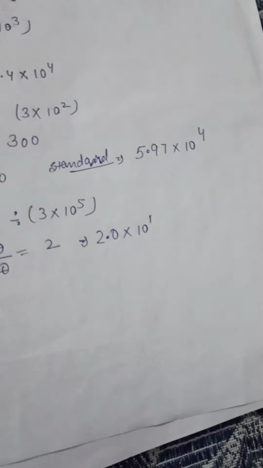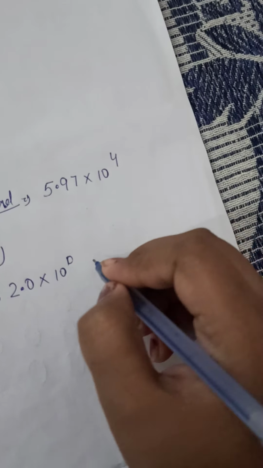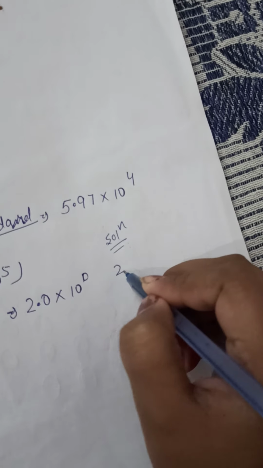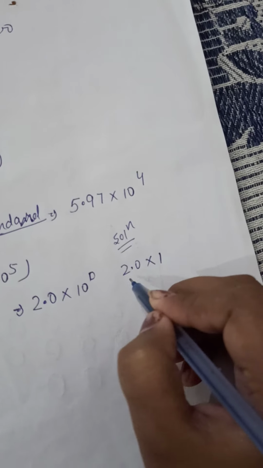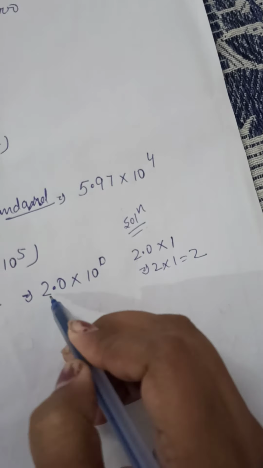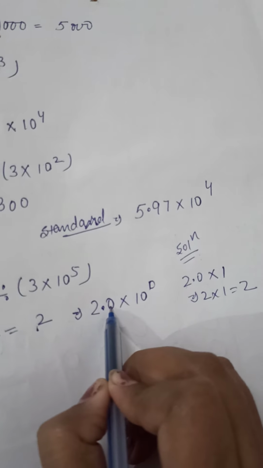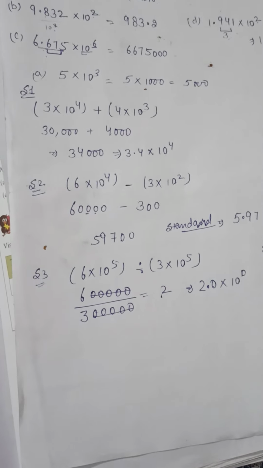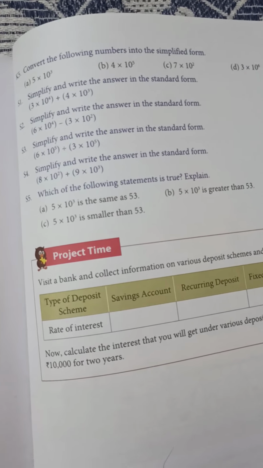When you solve it, बच्चे यहाँ पे आपका जो है that will come 0, because now see that I am just to explain it. 2.0 multiply with 10 to the power 0 means 1 and 2.0 means 1. So 2 ones are 2. Right? Remember this. Single number आप decimal लगा रहे हो, after that 0 multiply with 10 to the power 0. Right? Now come to the S4 that you can do yourself.